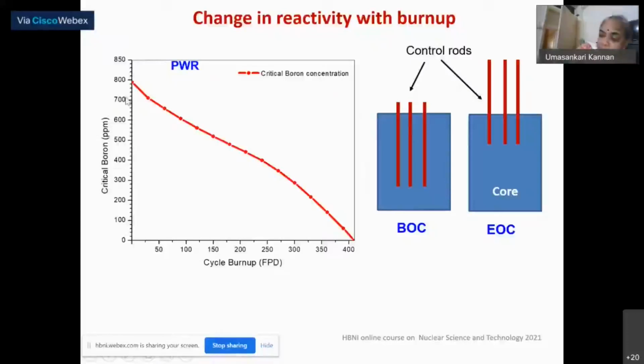It has to do with the multiplication factor or fractional departure from criticality, to balance, being maintained with this much amount of boron in the moderator. And this is how the cycle changes. Around 400 full power days, you get almost zero boron, which means this is the cycle length. After this, I will not be able to operate with this configuration, so I will have to refuel the reactor. That is what is meant by the cycle length.